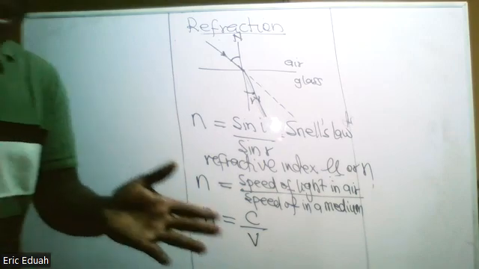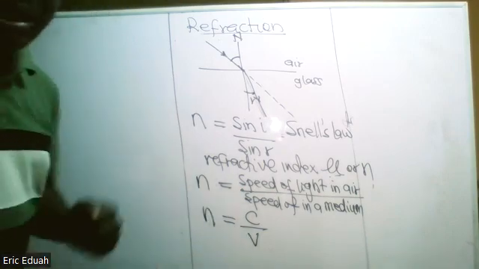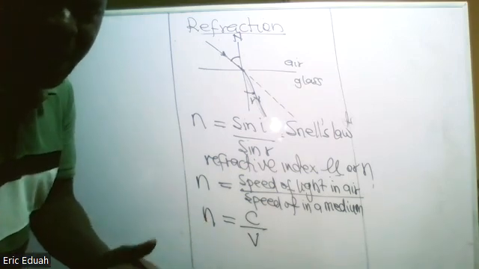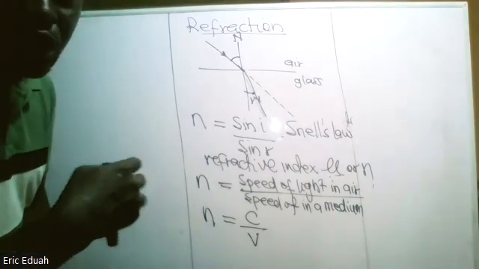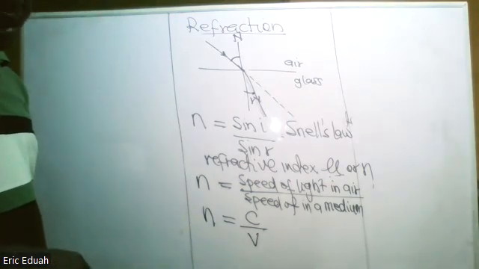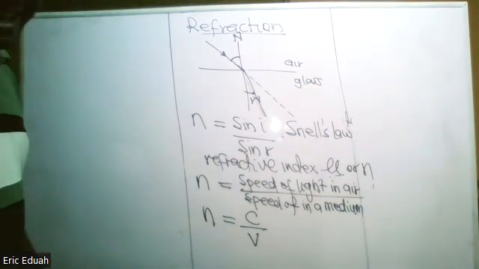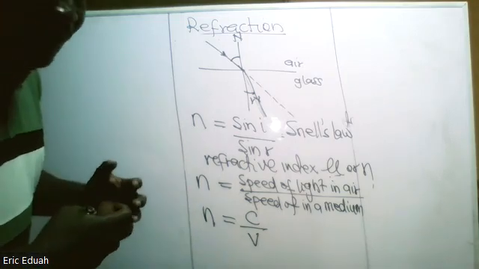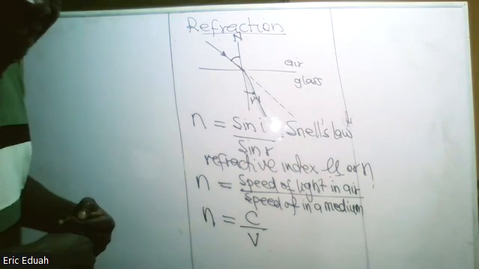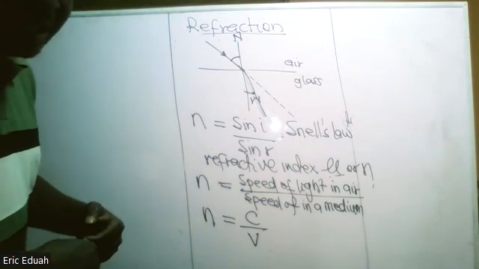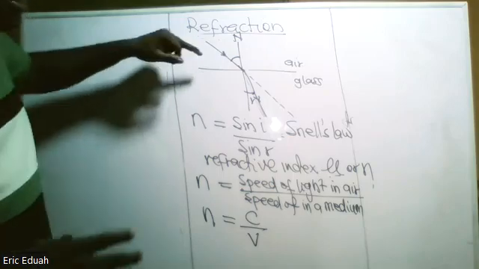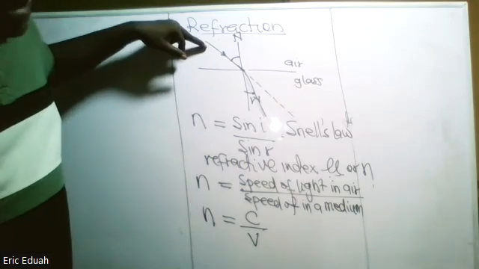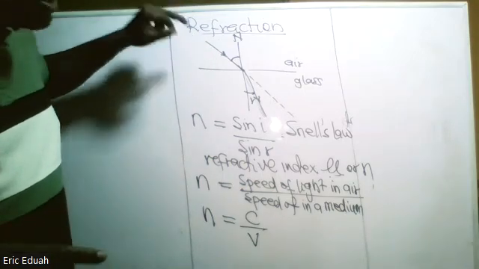Because you see, even as humans, when you are running in air and then you suddenly enter into water, you realize that your speed drops, decreases. Our speed is always greater in materials with a lesser density than in materials whose density is greater. So when light is traveling from air into glass, within air it will travel freely at that constant speed.